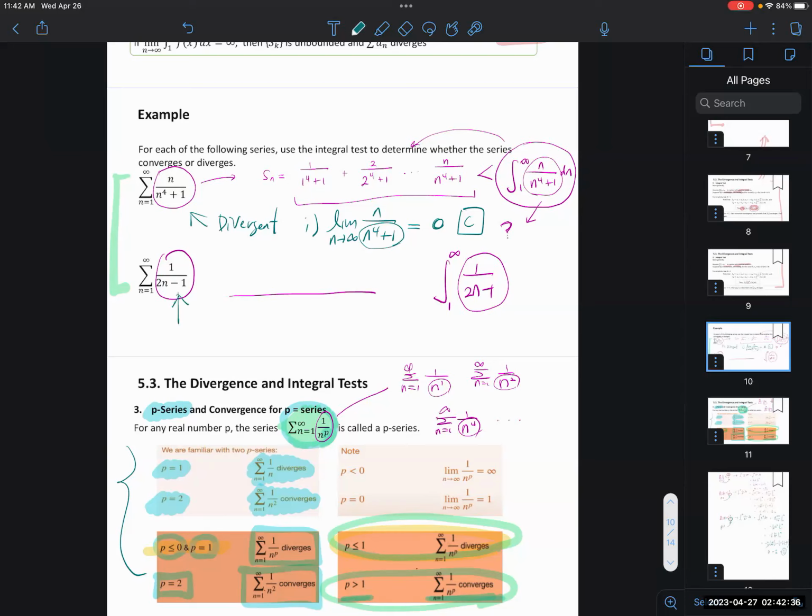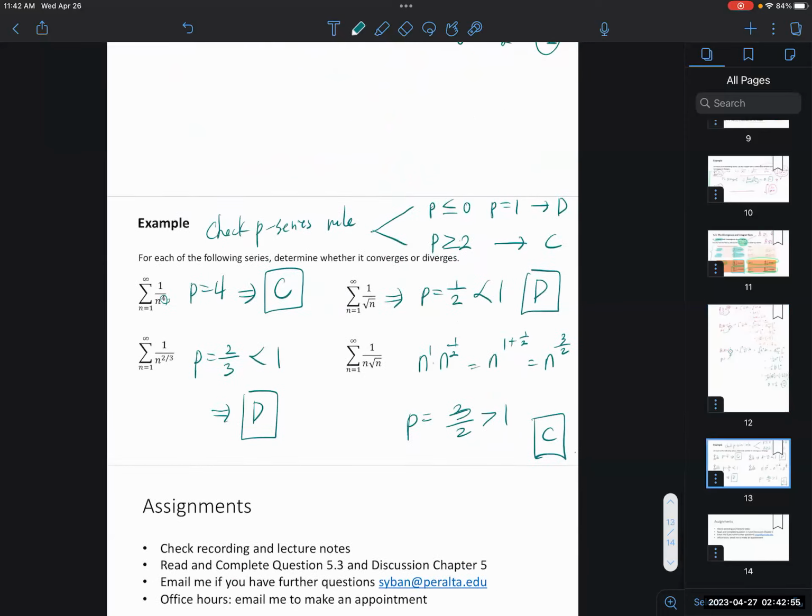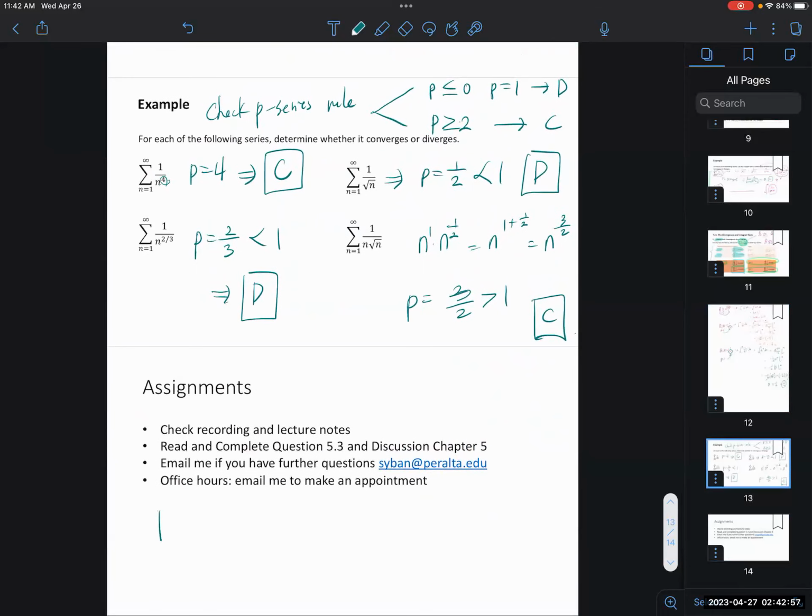Sometimes the integral test is not going to work. You need to think about other tests, either the divergence test, integral test, or p-series test. Depending on the function, you have a different test to see whether the series is convergent or divergent. That's why I showed you 3 different tests today: divergence test, integral test, and p-series test.